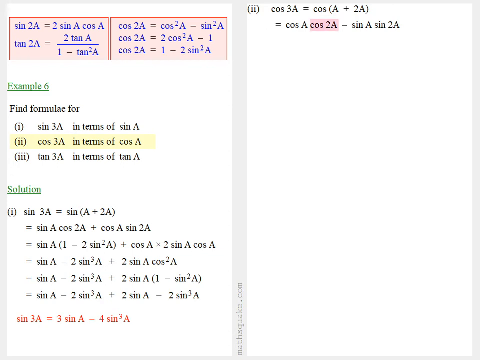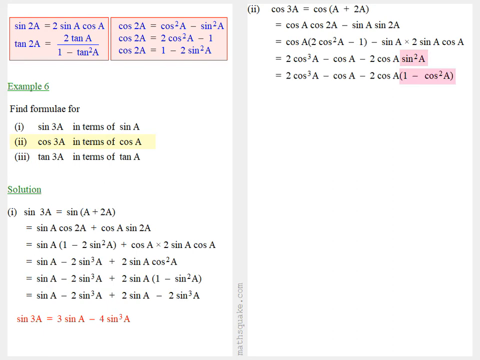Now the cosine of 2A can be written as 2 cos² A - 1, and the sine of 2A can be written as 2 sin A cos A. So we have 2 cos³ A - cos A - 2 cos A sin² A. Now the sin² A can be written as 1 - cos² A. Now when we expand the brackets we get 2 cos³ A - cos A - 2 cos A + 2 cos³ A. And that simplifies down to give us that the cosine of 3A is equal to 4 cos³ A - 3 cos A.